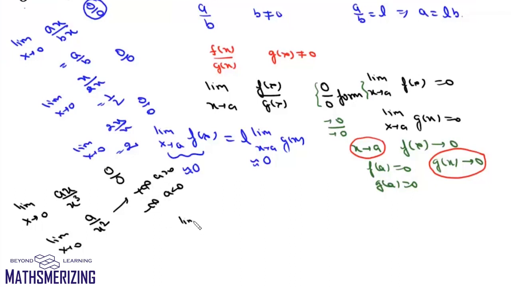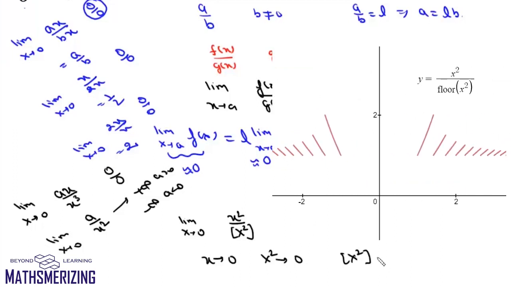And also, if we consider this case, limit x tends to 0, x square upon greatest integer function of x square. Now this again is 0 upon 0 form, but in this case, when x approaches 0, x square approaches 0.